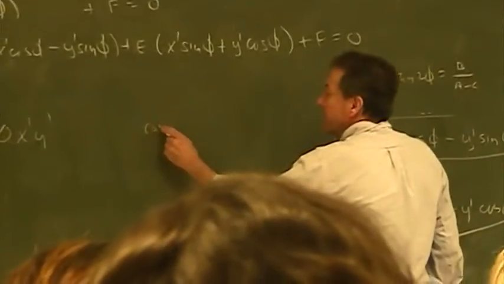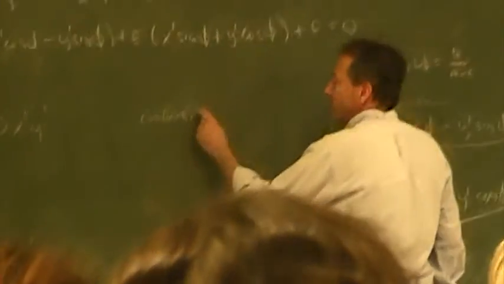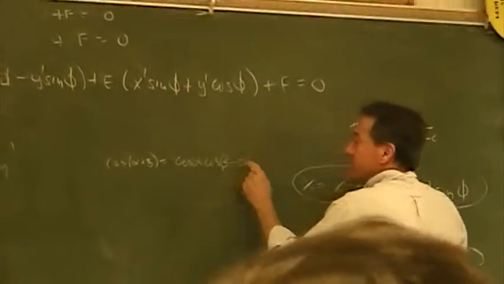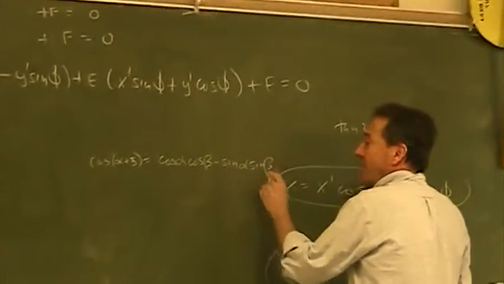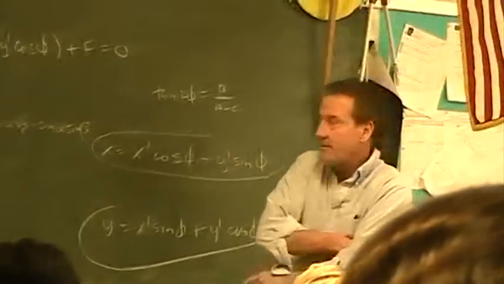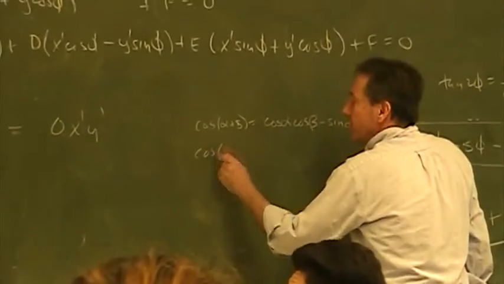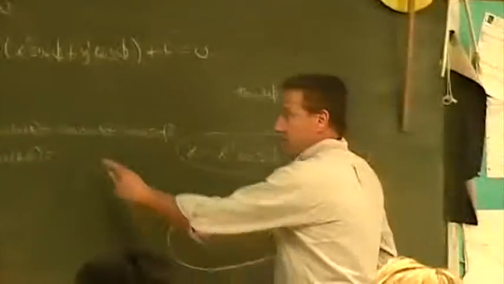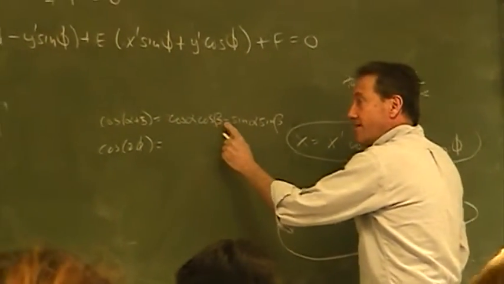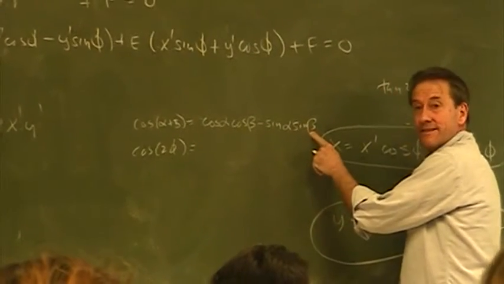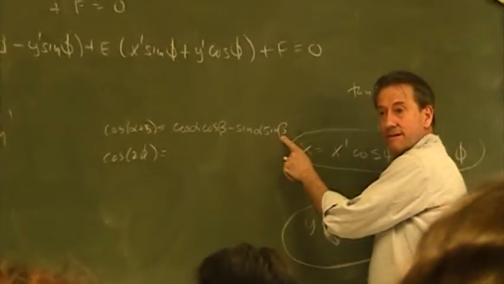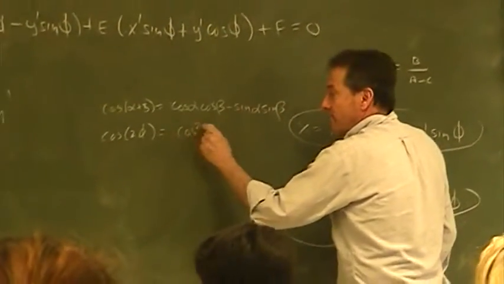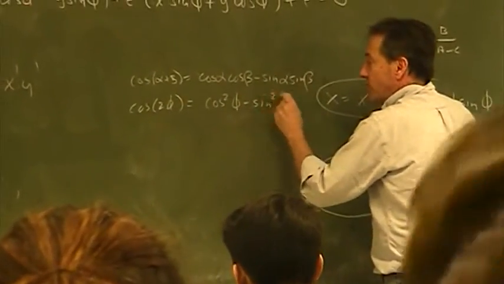Cosine of alpha plus beta: cosine, cosine, sine, sine. Do I have it right? Cosine of 2 phi is cosine squared phi minus sine squared phi.